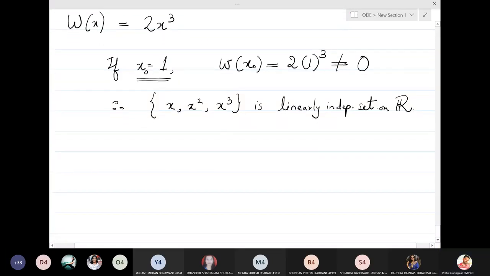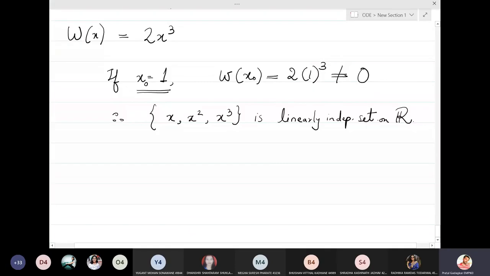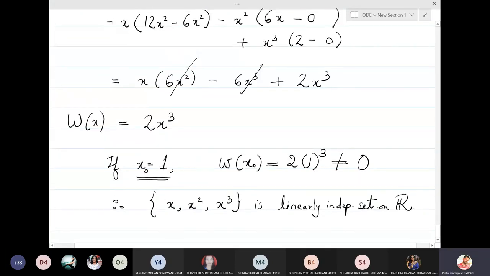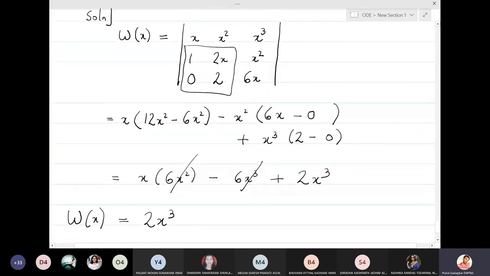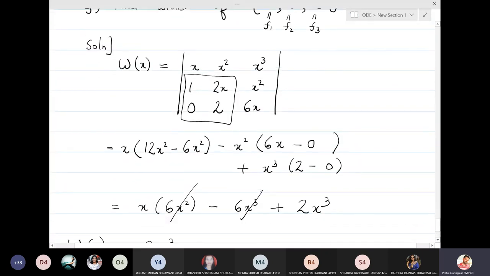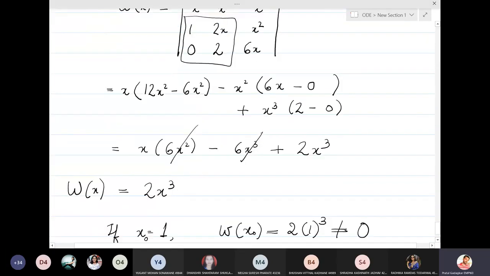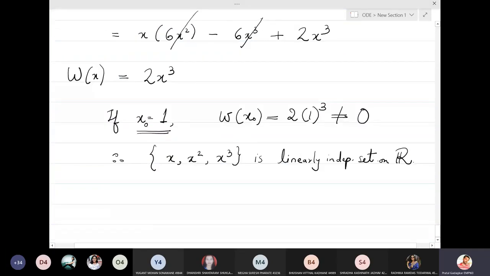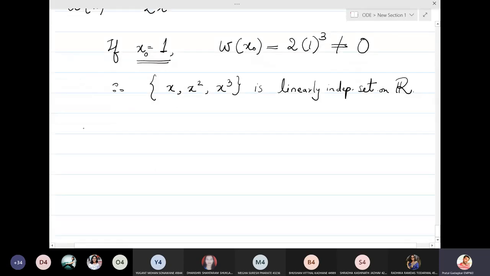So I will show the screen again. If you have missed something, you can just see the calculation. Okay, we found the Wronskian. Now take one example in which you will actually get the Wronskian equal to 0.